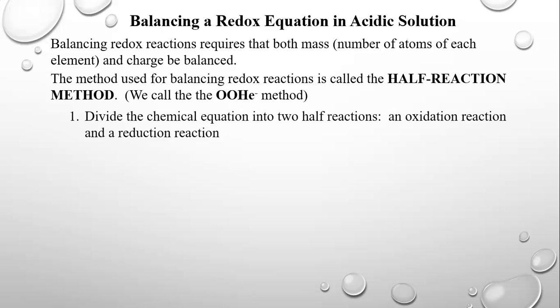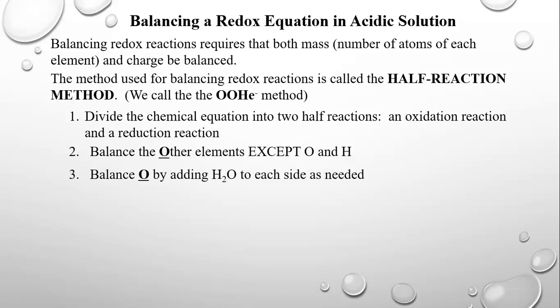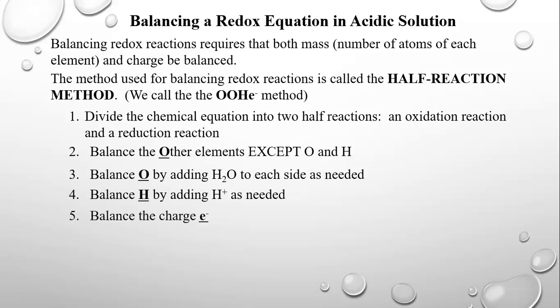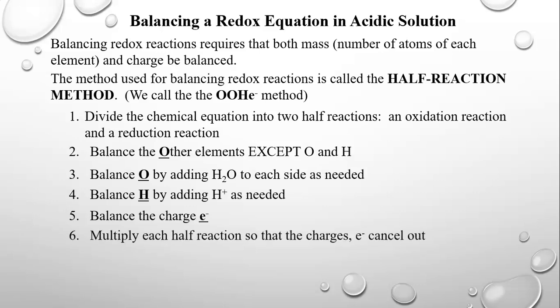So the first step is you divide the chemical equation into 2 half reactions, an oxidation reaction and a reduction reaction. 2, you balance the other elements, in other words, everything except oxygen and hydrogen. 3, you balance the oxygen by adding H2O to each side as needed. 4, you balance the hydrogens by adding hydronium ions as needed. 5, you balance the charge, so you add electrons to each side as needed to balance the overall charge of the equation. 6, you multiply each half reaction so that the electrons cancel out. 7, you add the half reactions just like we did in Hess's law. And finally 8, you check your work.